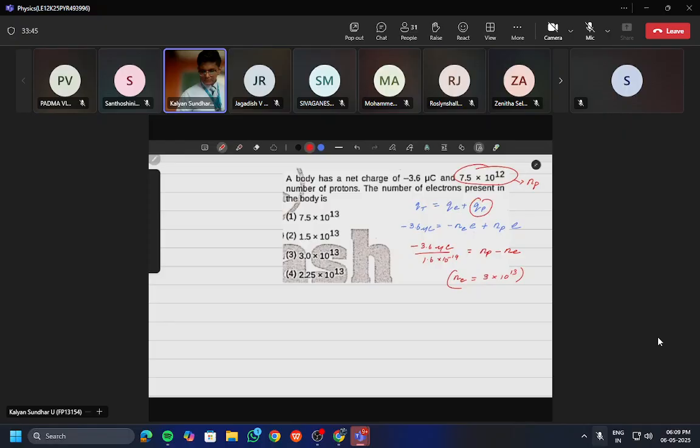QP you will get as 7.5 into 1.6, which is 12, 1.2 into 10 to the power minus 6. Correct? Proton charge is n into 1.6 into 7.5 into 10 to the power 12, and that will be 10 to the power minus 9.